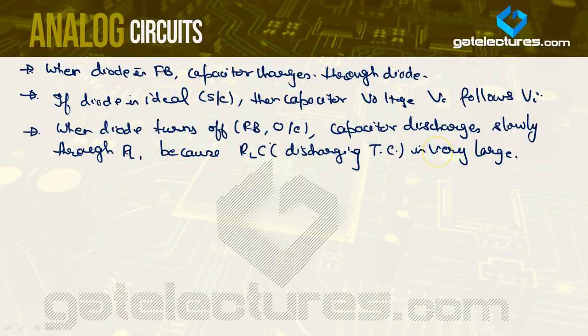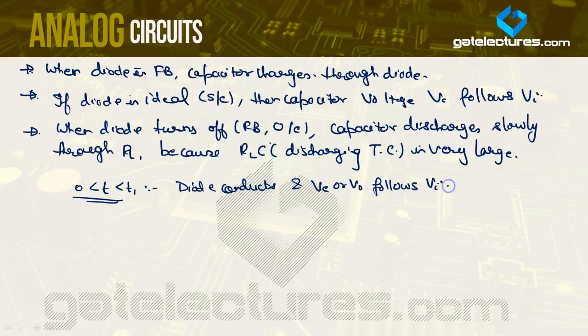Okay, so there are some cases that you should know. When T is less than T1 and greater than 0, what would happen? The diode conducts and Vc or Vo follows Vi.